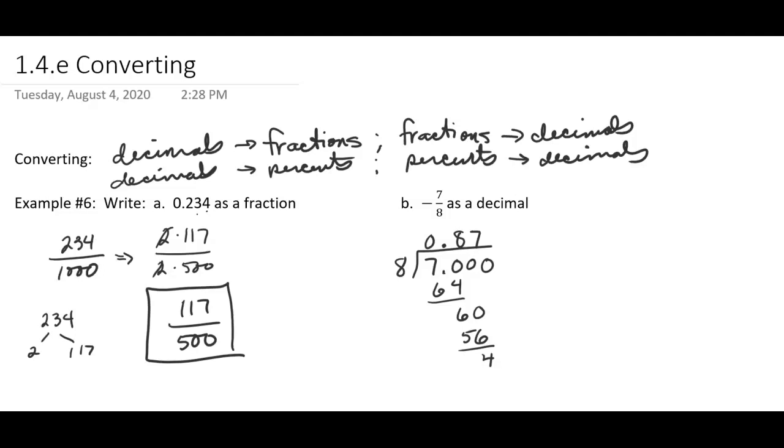So we keep adding zeros until it terminates or repeats. Okay, so 8 goes into 40 5 times. 5 times 8 is 40, and that was it. So my answer is going to be negative 0.875. That's how we convert a fraction to a decimal. And we keep going until it either shows a repeating pattern or the decimal terminates.